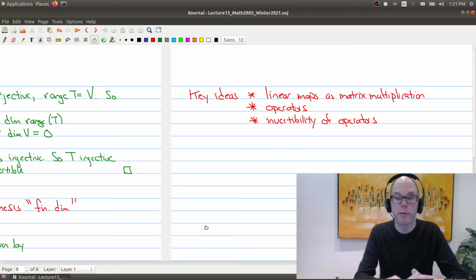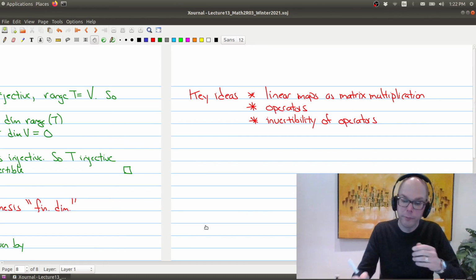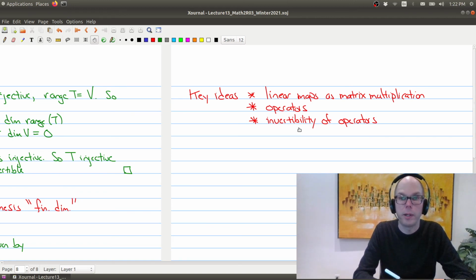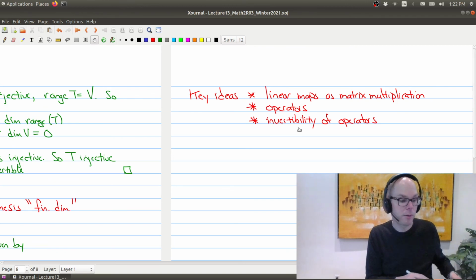So we're getting ourselves back to the land of first year linear algebra. We also saw our first introduction to operators, and operators correspond to square matrices, something that we saw a lot of in your first year linear algebra course. And the one thing that we proved about operators is when exactly an operator is invertible. So there's a bunch of important things here from chapter 3.